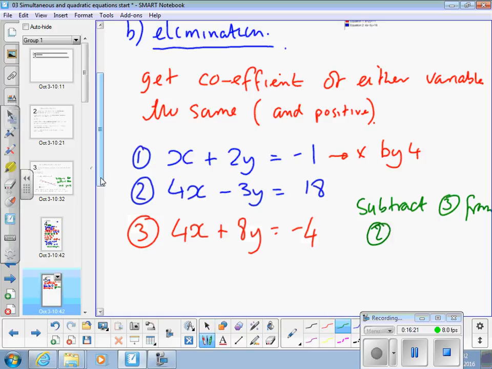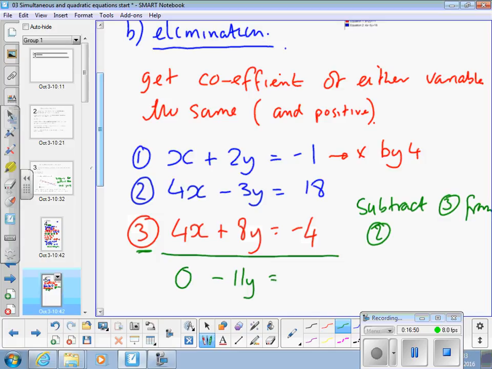So if I draw a line under that and say I'm going to subtract the bottom one from the top one, 4x minus 4x is nothing. Minus 3y minus 8y is minus 11y.